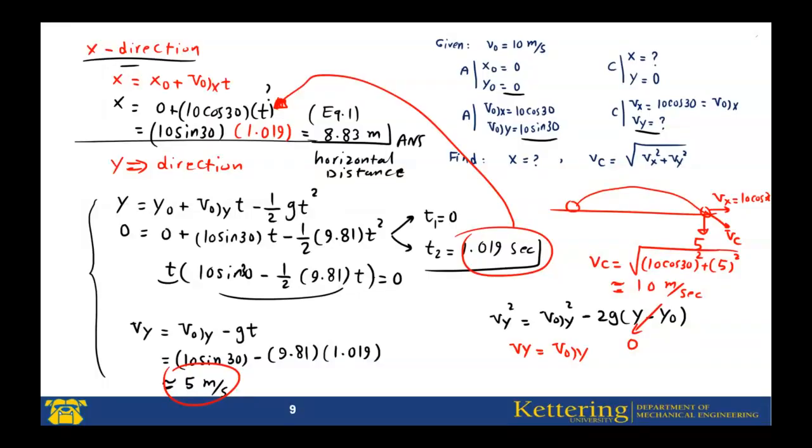I already found it. I just reversed it. One shot, can you check that?